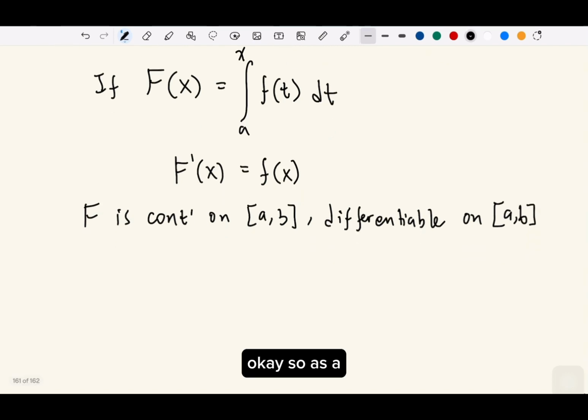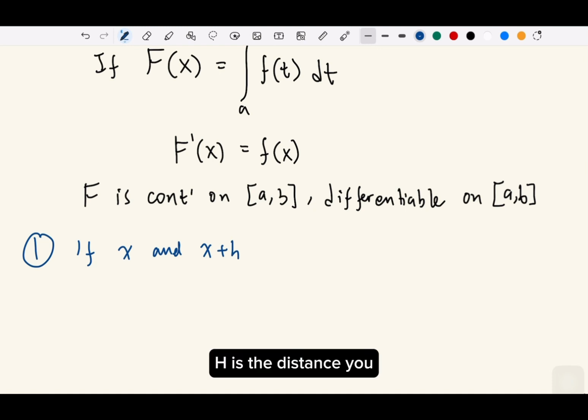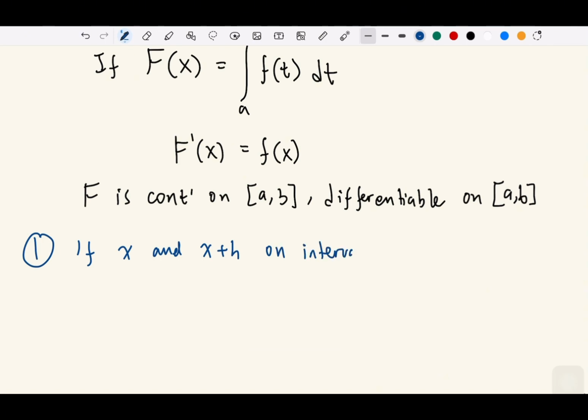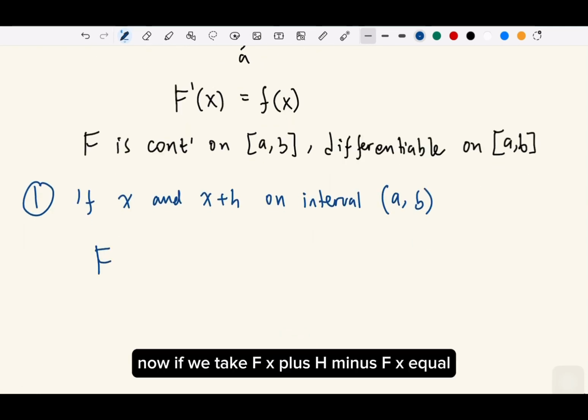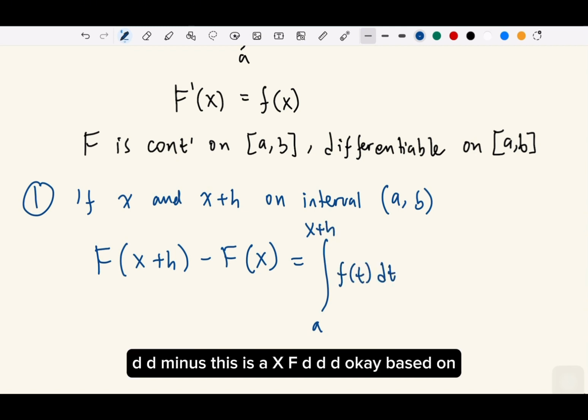Okay, so as a conclusion, if x and x plus h, where h is the distance you observe, are on the interval [a, b], now if we take F(x+h) minus F(x), this will be the integral from a to x+h of f(t) dt minus the integral from a to x of f(t) dt.